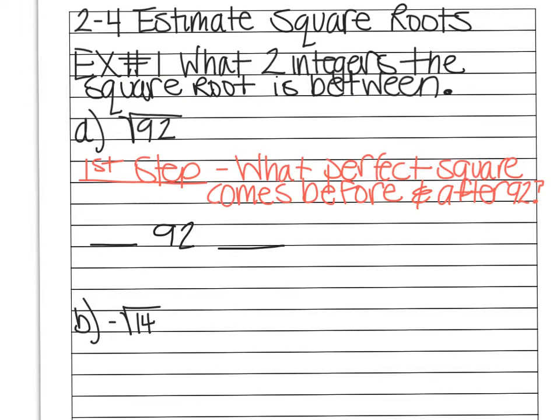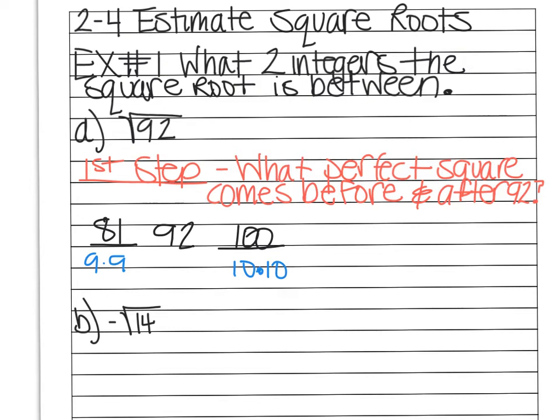So we know that 81, which is 9 times 9, comes before it, and 100, which was 10 times 10. So our answer would be 81 and 100 are the numbers that come before and after it, but it wants to know what two integers the square root is between.